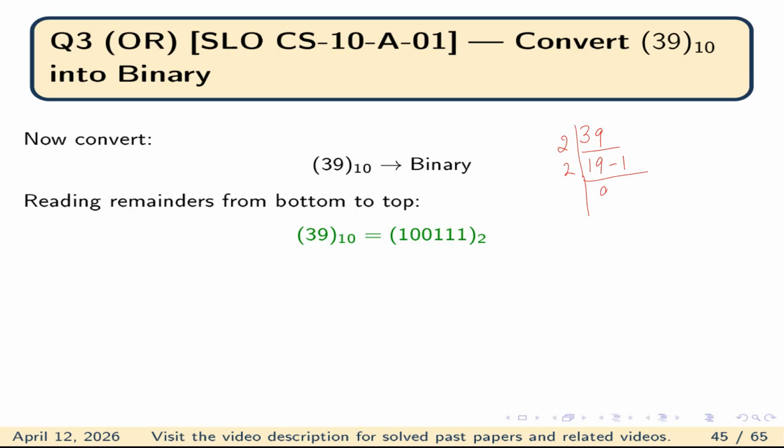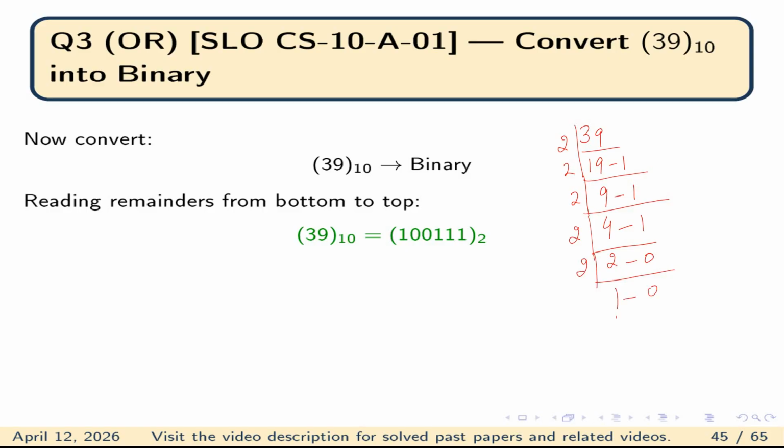Divided by 2: 9 2s are 18, remaining value is 1. Then 4 2s are 8, remaining value is 1. And then 2 2s are 4, remaining value is 0. Then 2 1s are 2, remainder 0.